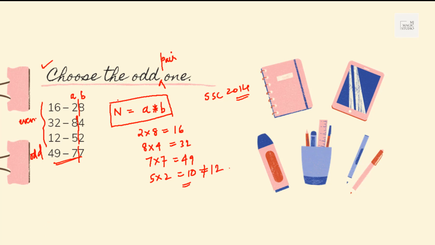It's not matching. So if I use this classification, the number on the left hand side equals the product of the two digits given on the right hand side. According to that, 1252 is the odd pair out.